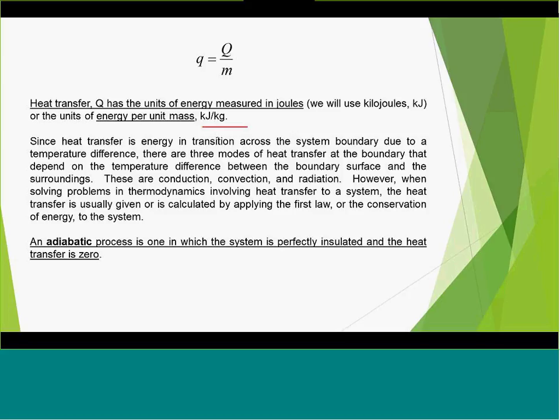An additional point here: the adiabatic process is one in which the system is perfectly insulated, and the heat transfer is 0. In chapter 3 and chapter 4, if I'm not mistaken, we're going to discuss more about the adiabatic process and the isochoric process. The adiabatic process is the perfectly insulated system. Okay, so that's it.